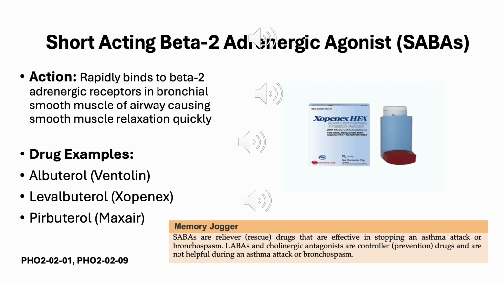Most important to know about beta-2 adrenergic agonists is to teach patients with asthma to always have their short-acting beta-2 adrenergic agonist reliever drug with them at all times, because an attack can occur anywhere and only a SABA can work fast enough to prevent a severe attack and death.